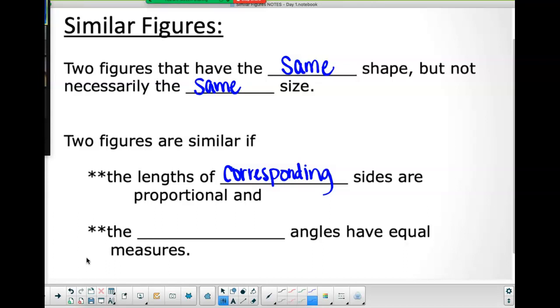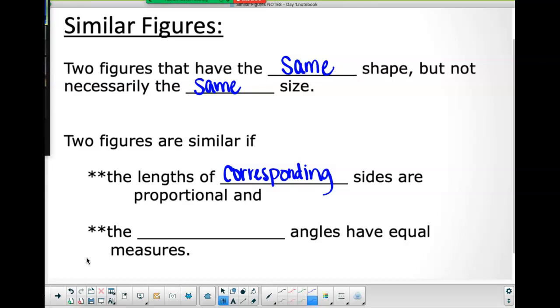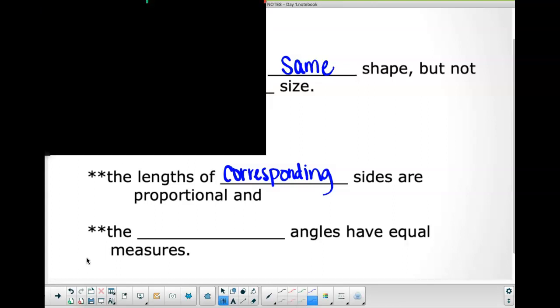That just means if one side is 5 and another side is 10, you multiply by 2 to get there. If one of the sides is 6, another side has to be 12. Everything is a multiple. You can multiply or divide to get the numbers on the other figure.